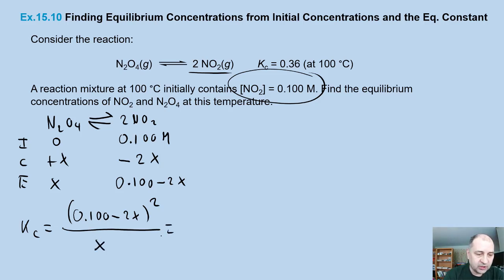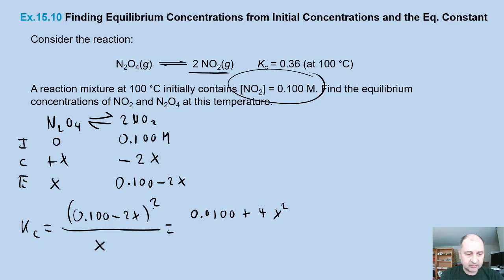So let's first multiply out the 0.100 minus 2x, so you get a squared, which is 0.0100 plus 2x squared, which is 4x squared, right?